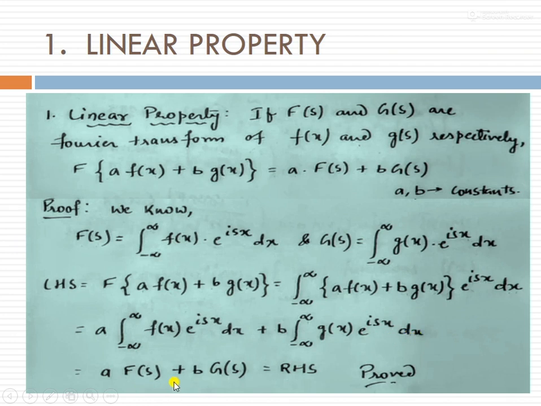We know that the integral of f(x) e^(isx) dx can be written as F(s), and the integral of g(x) e^(isx) dx can be written as capital G(s). So the equation becomes a F(s) plus b G(s). So we proved the linear property.